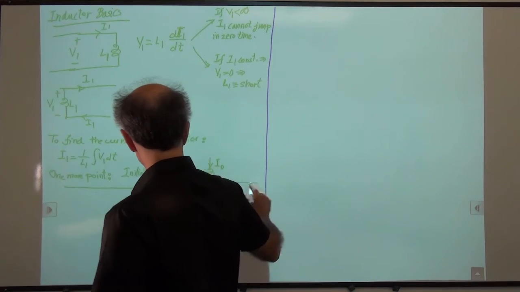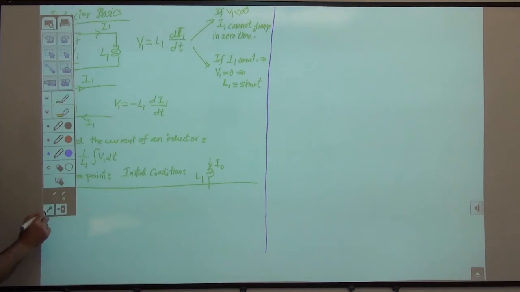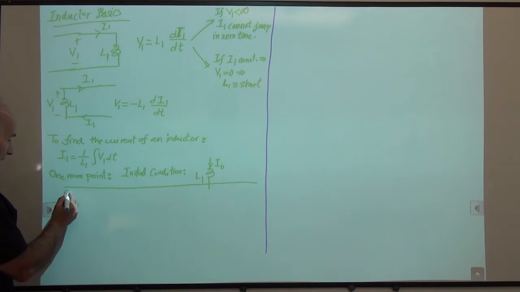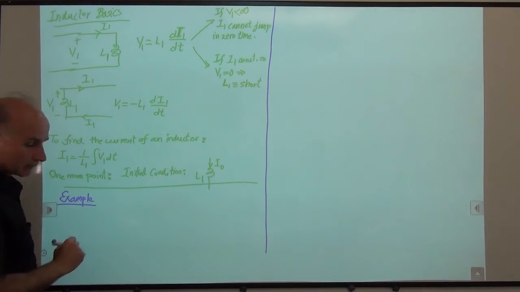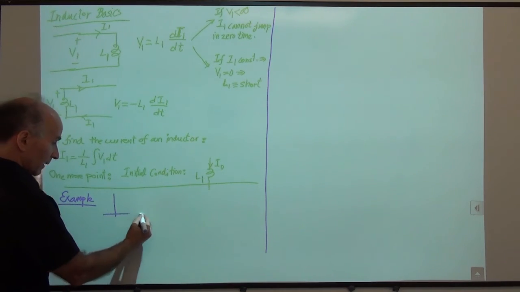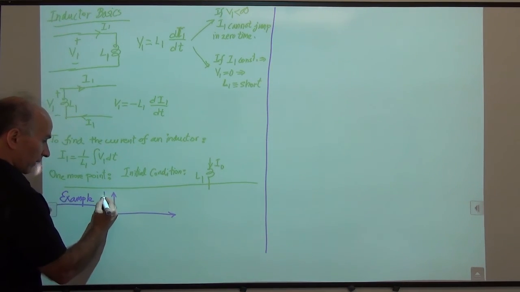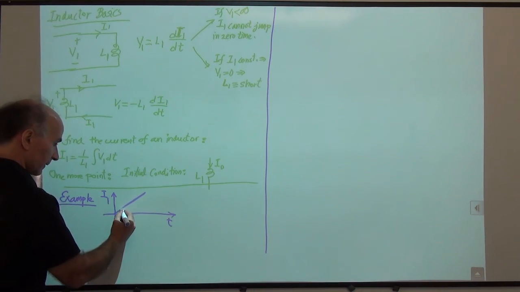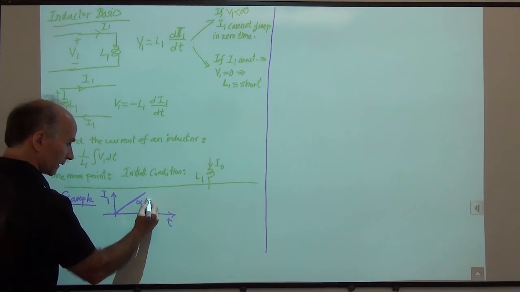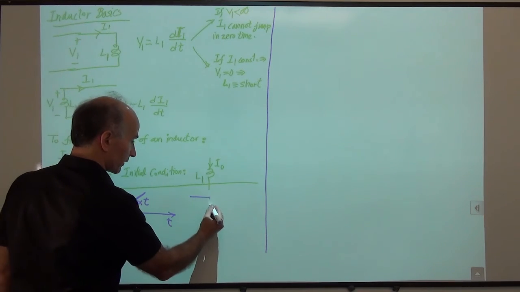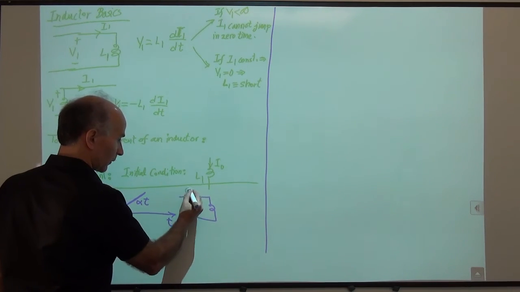Okay, so with that, we can just look at some simple examples to warm up as far as inductors are concerned. So here's an example that I have here. Suppose I have a current flowing through an inductor that looks like this. Call it alpha T. It's a ramp that is applied to an inductor, I1.